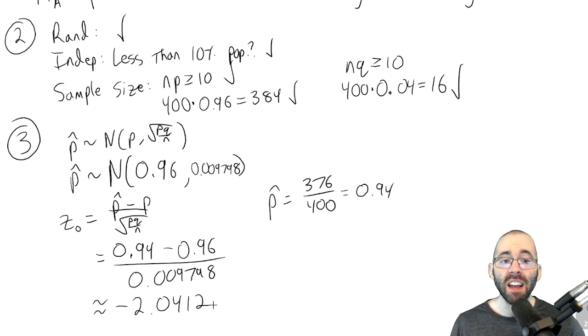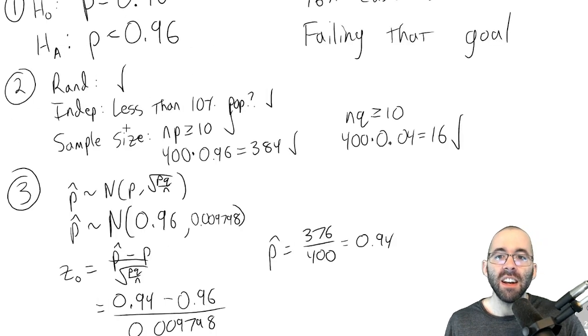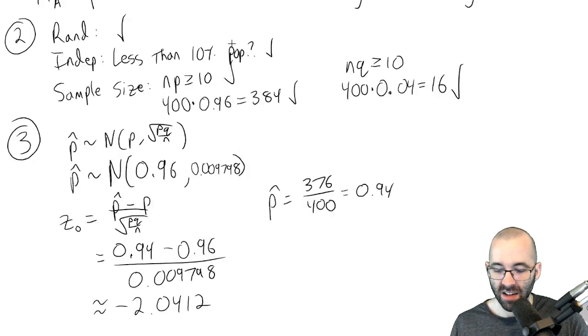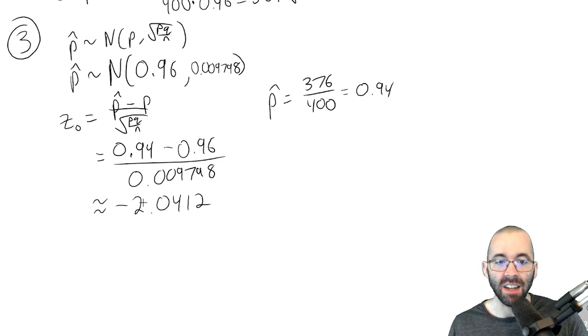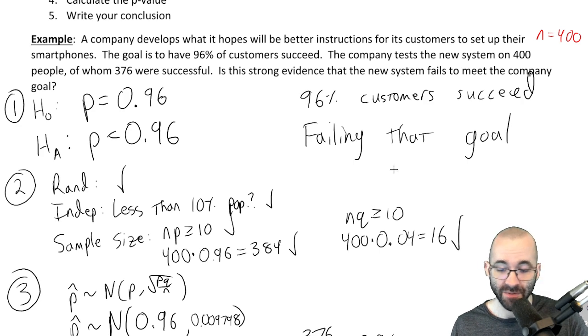That means we're 2 standard deviations below the mean. That is not likely, right? Remember past 2 standard deviations? We usually think of that as an outlier. So if everything's going according to plan, if we are meeting our goal of 96%, it's pretty unlikely to have something this low, like 94%. We'll talk about how likely that is in the next video.